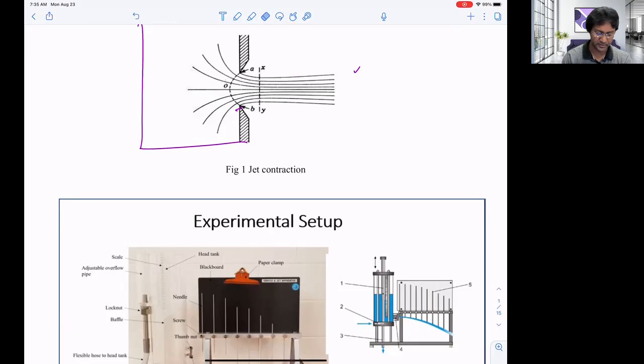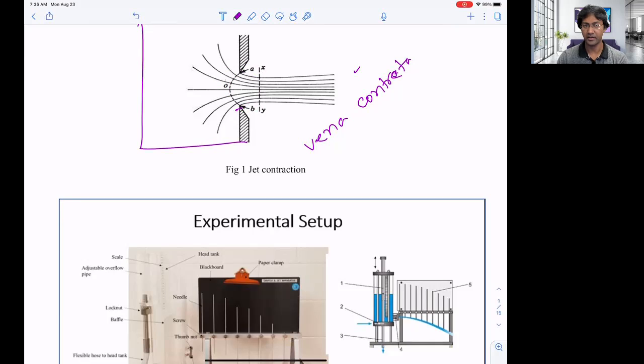That location, the xy plane here, is called the vena contracta. Why is that? Because contraction is happening at this point, the xy section. So that's why it's called vena contracta, and that is the special property of this orifice meter, right?